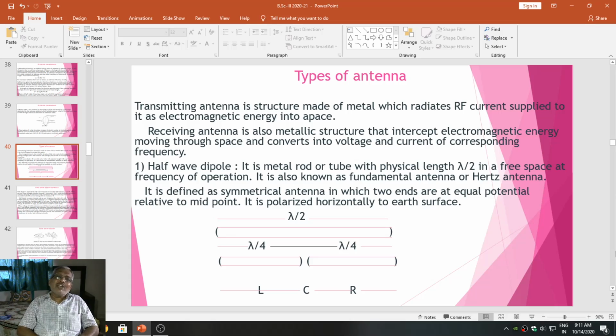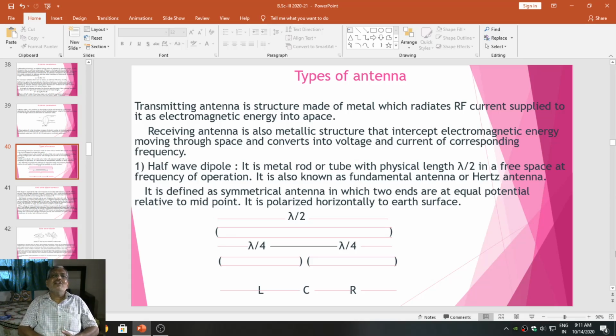There are basically two types of antenna. One is a transmitting antenna and the second one is the receiving antenna. A transmitting antenna is coupled to the transmitter, and it converts the signal to be transmitted, that is the modulated signal in the radio frequency range, into electromagnetic radiations, and these radiations escape into free space for the purpose of propagation.